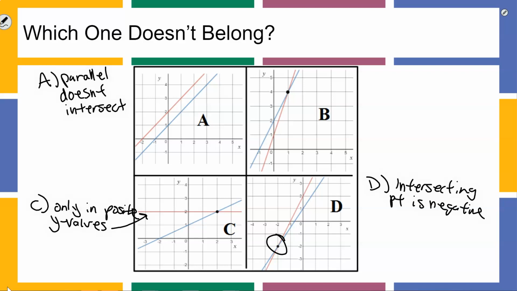So that could be one reason why C doesn't belong, because this line is only in the positive y values. What's another reason why C could not belong? The red line is the only line that's straight. Straight, horizontal, yes.